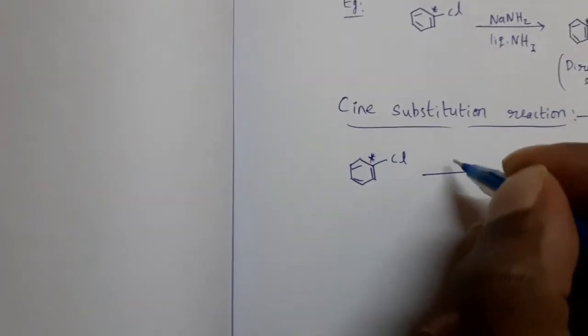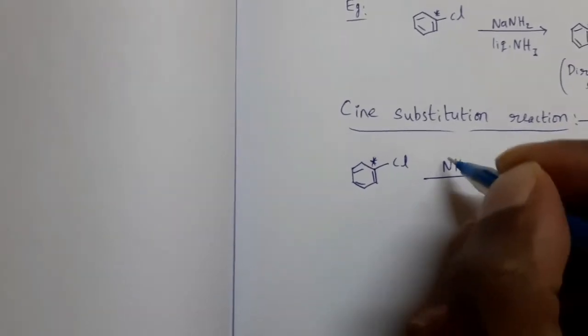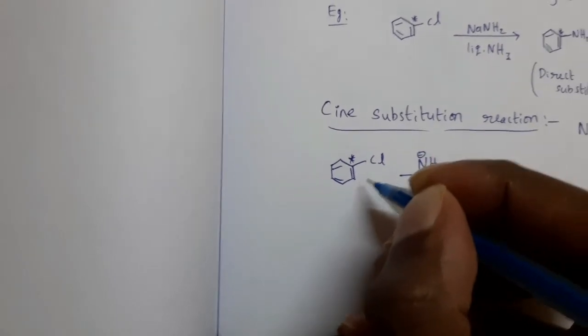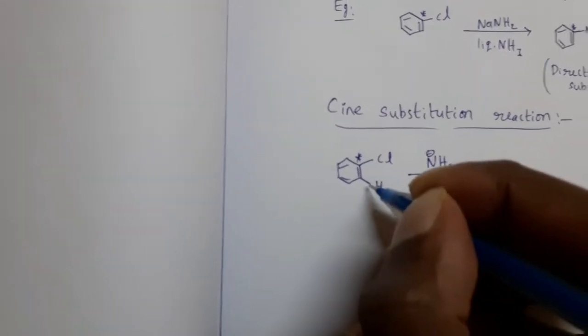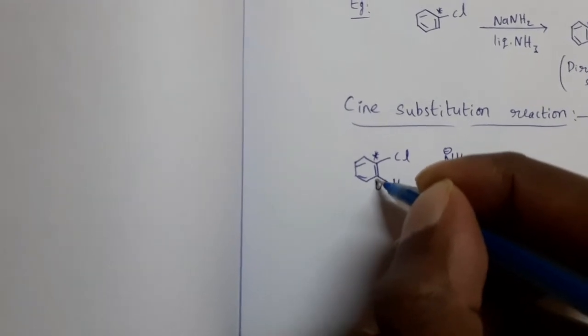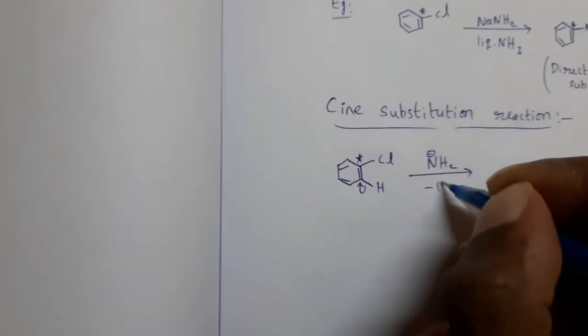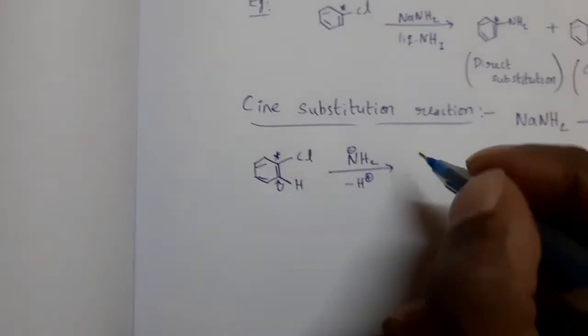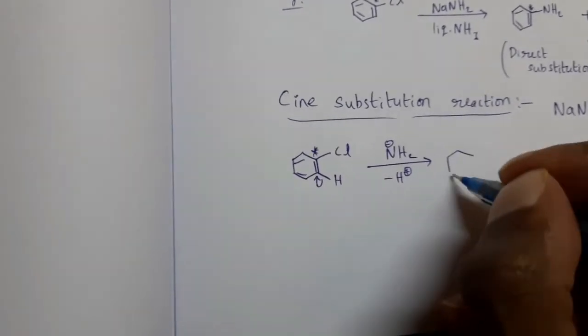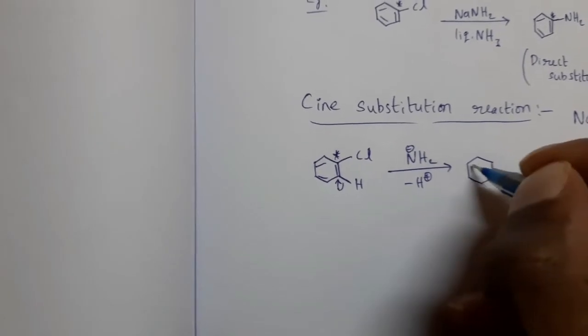Now it is attacked by NH2 minus. At this carbon atom, at the adjacent position, a hydrogen atom is there. These bonding electrons are shifted to this carbon atom. That means H plus is removed. Then a carbanion is formed.